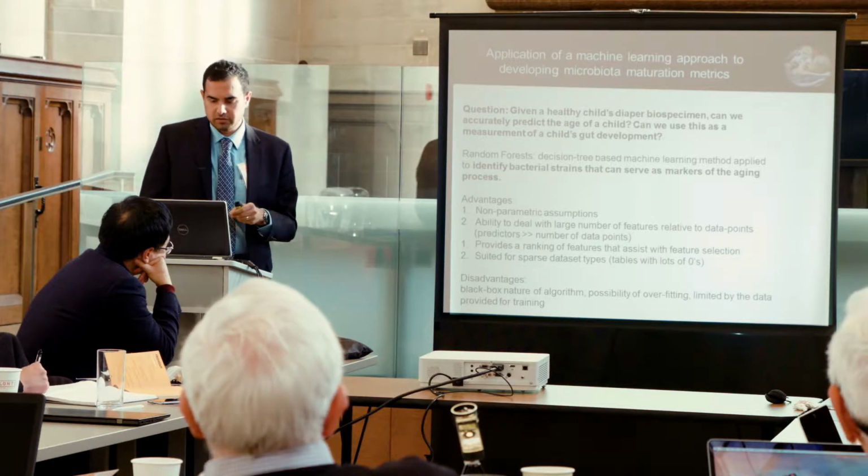So we used a random forest method, essentially a decision tree based method, to identify specific bacterial strains at the OTU level that can serve as markers of the aging process. Keep in mind that this has non-parametric assumptions and is advantageous for the number of data points that we have relative to predictors. And the disadvantage of this is that it's a little bit of a black box nature algorithm.